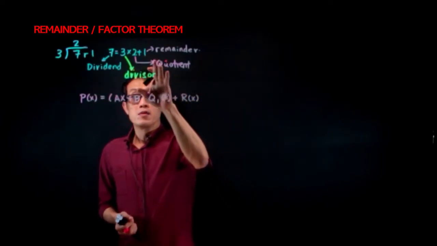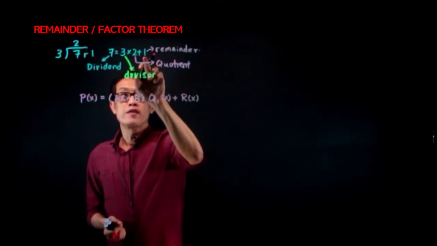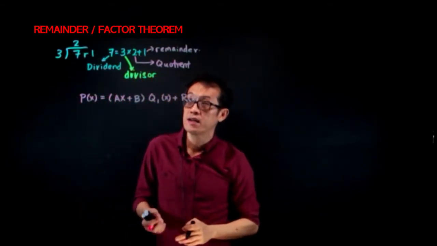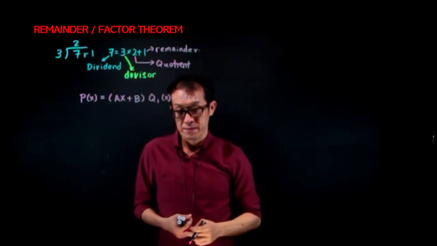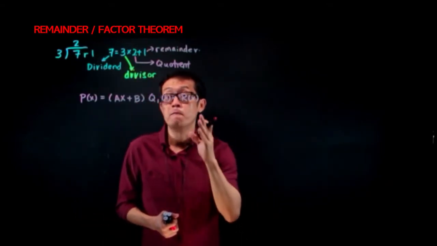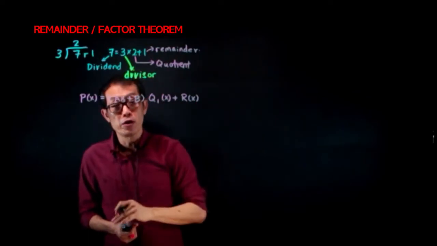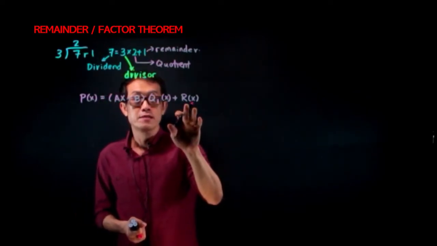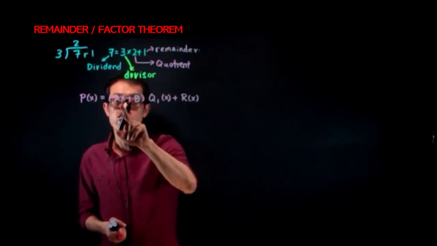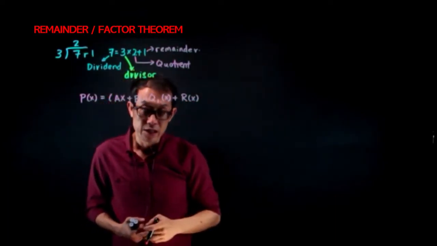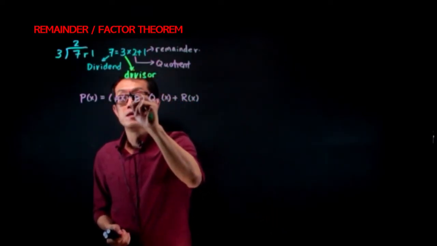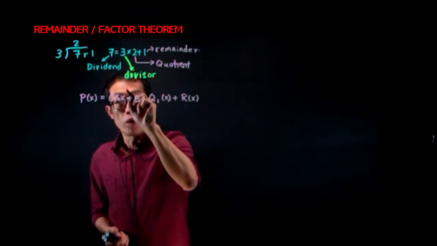Now, you find that in primary school, the remainder is always smaller than the divisor. Now, when you divide polynomial, you find that the degree of the remainder is always smaller than the degree of the divisor. That means this one is of power 1, of degree 1.